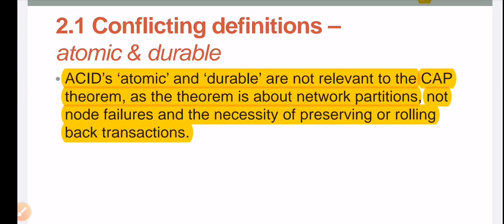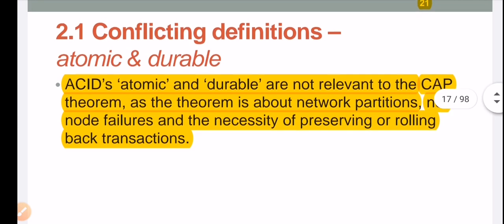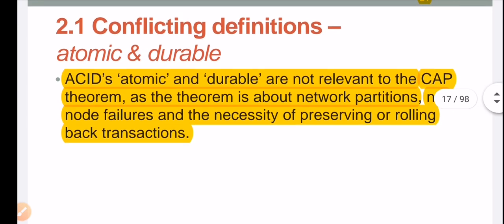Remember last time we said if we have a problem during the execution of the transaction and the transaction is stopped in the middle, then we should go for rolling back to guarantee the atomicity of the transaction. So since we are talking about network partition and not node failures, we care about the CAP theorem and not the atomic or durable properties.